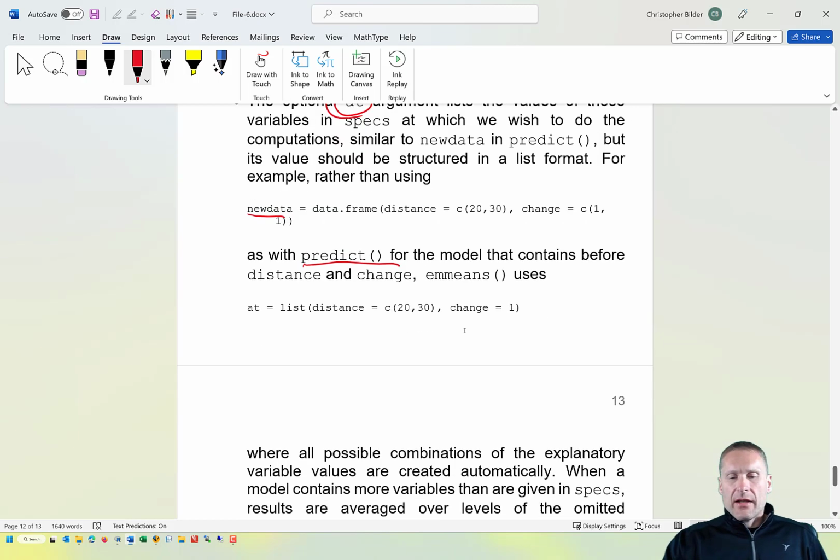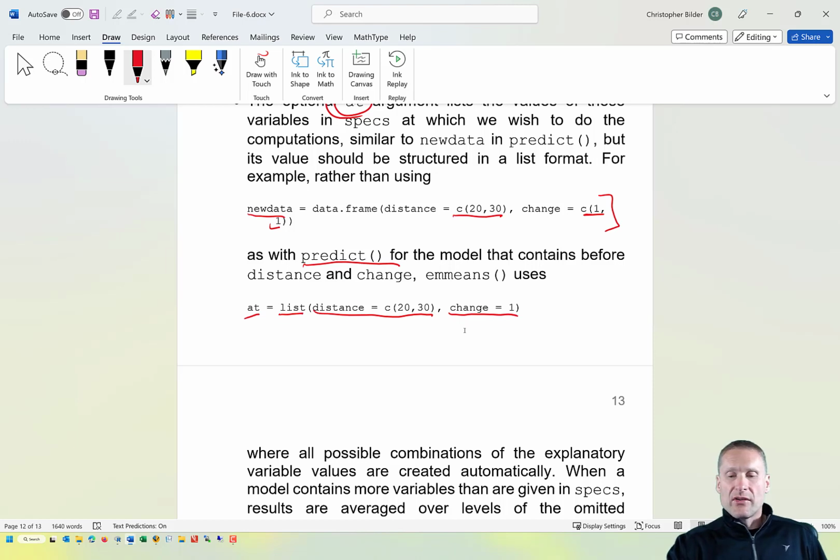Here's why. Consider the situation where I had distance and change both in my model. I need to specify all the values of distance and all the values of change that I want to find the corresponding pi hat at that we saw before. The way that the at argument works is that when you specify a list, you specify the unique values of distance that you're interested in and the unique values of change that you're interested in.